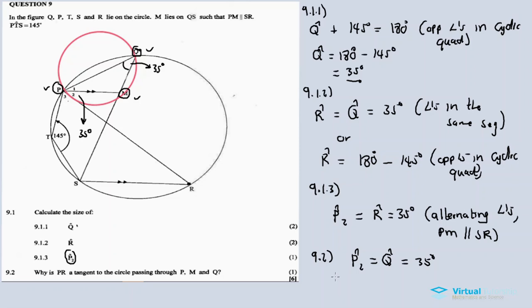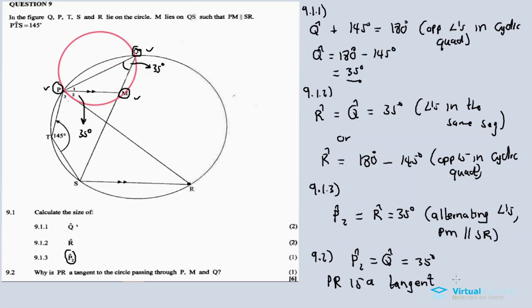Look here. Since P2 and Q are equal, it simply means PR is indeed a tangent. Because P2 and Q are equal, PR is a tangent because these two angles are equal. It means PR is a tangent. Yes, it is a tangent.